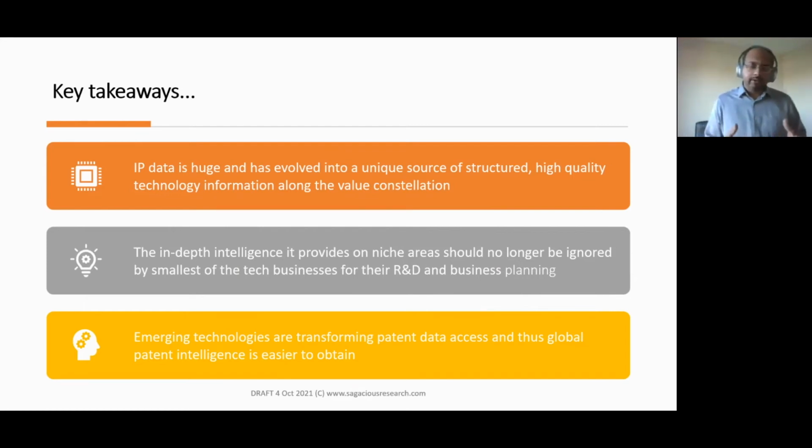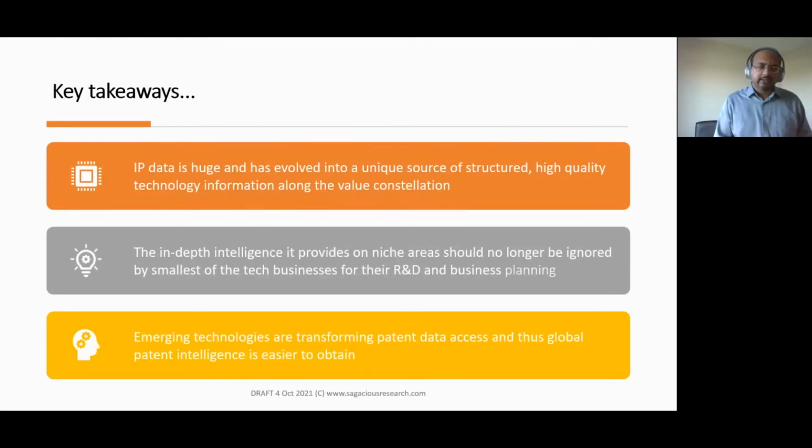We all understand that the supply chain is no longer a linear chain. It's a value constellation. Different players interact with different players who have different value in the whole constellation of doing business. And IP is a critical element of that value constellation. So who owns the IP becomes very important as you go ahead.